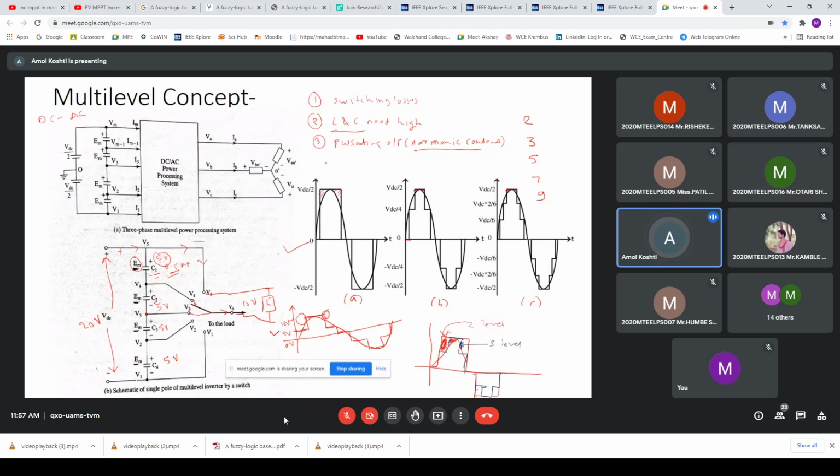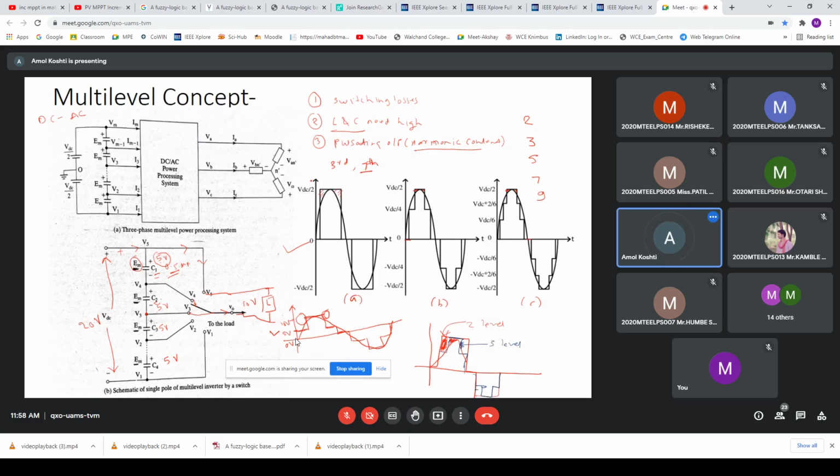To find out the harmonic content in the output, if you are using a mathematical tool, you have to apply the Fourier series and calculate which harmonic is dominant in the output. Suppose the third harmonic is dominant, the seventh harmonic is dominant, then you have to design the filter to eliminate this third and seventh harmonic.